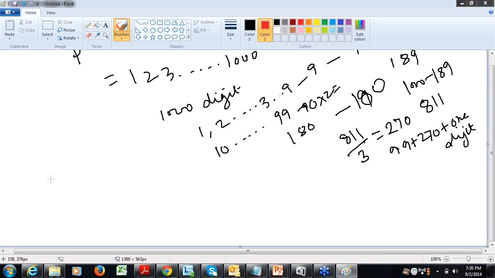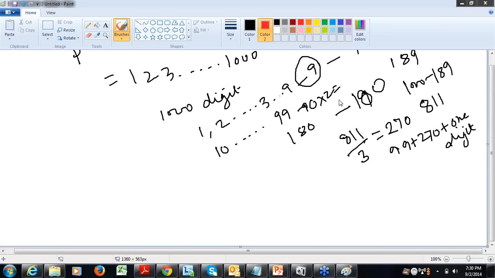So the number of digits in 1-digit numbers is 9. 10 to 99, how many digits will it be? 90 into 2, 180. So 1-digit numbers give 9, 2-digit numbers total 189. So for 3-digit numbers, what is left?